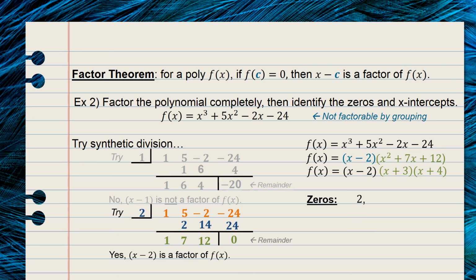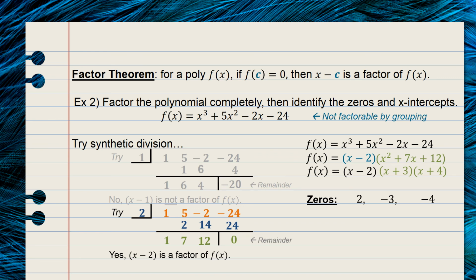My middle factor of x plus 3, if I were to set that equal to 0 and solve, I would find x equals negative 3. I take the last factor of x plus 4, set that equal to 0, and I would find x equals negative 4. So those are my zeros.